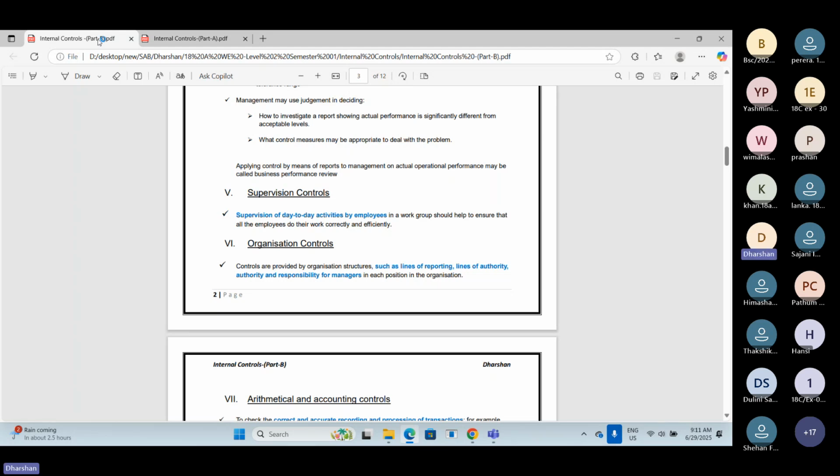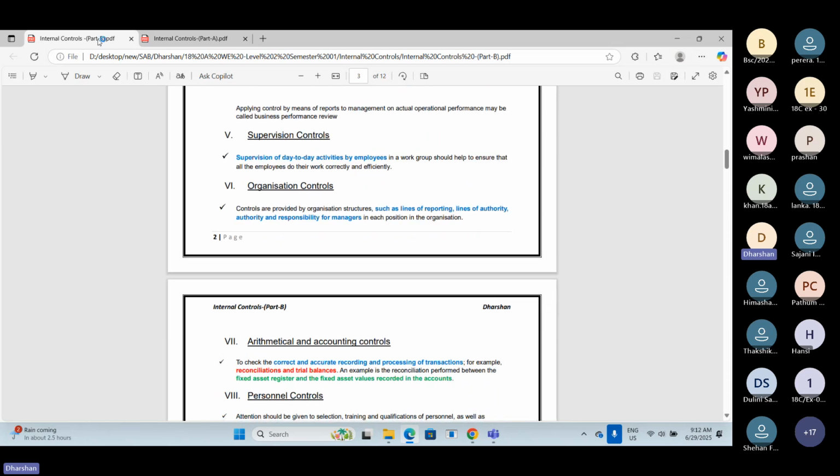That is also a control, and it will be considered a supervision control. Clear? You can give that example: factory employees are supervised by a supervisor. That is one type of control, and those types come under supervision controls.